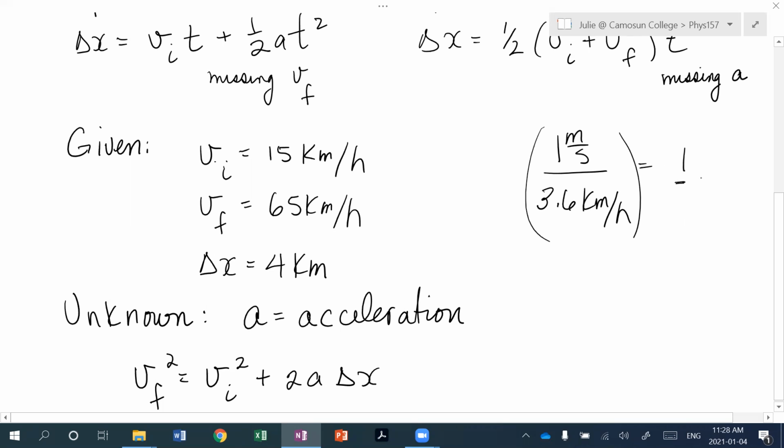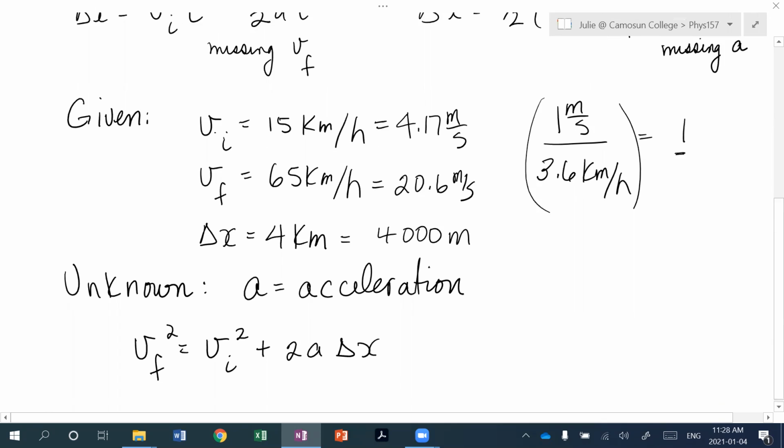Whether you divide or multiply depends on what unit you're trying to cancel. If you've got 15 kilometers per hour and you want meters per second, you would multiply by that ratio. So 15 divided by 3.6 is 4.17. 65 divided by 3.6 is 20.6. And then 4 kilometers is 4,000 meters.